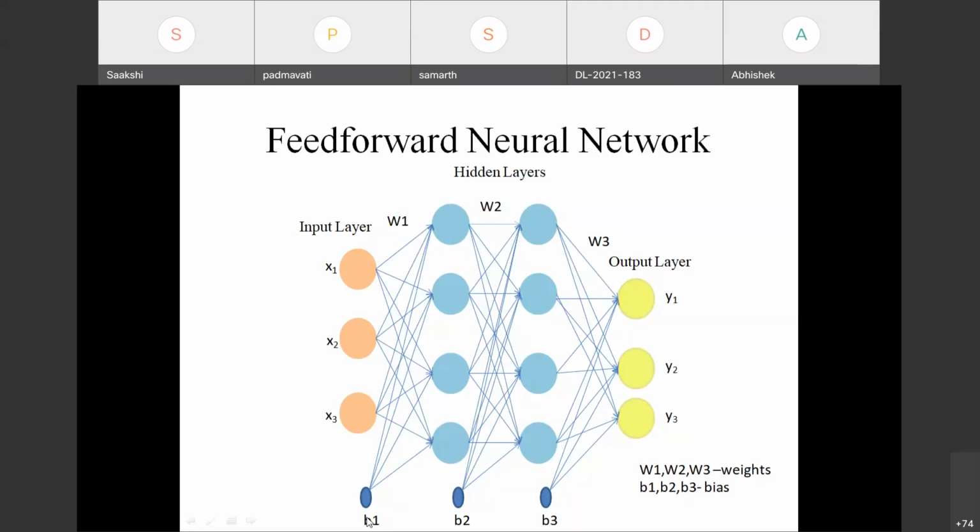It should update in such a way that next time you perform on this particular data item, the y hat should be closer, or it should reduce the loss as compared to the previous loss. Fine. With that consideration, let us move ahead with this particular architecture.